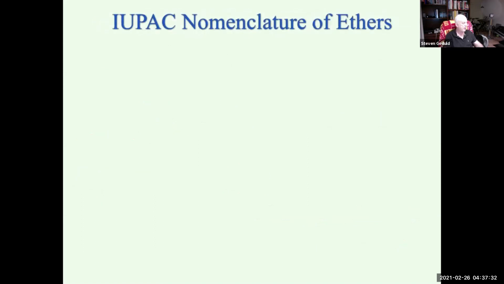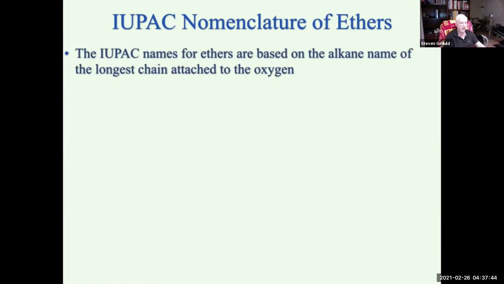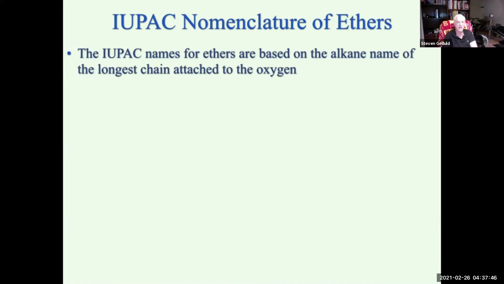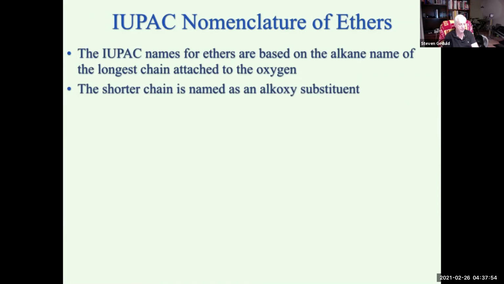Okay. IUPAC names are a little more used because there are specific rules with this one. IUPAC names are based on the alkane name of the longest chain attached to the oxygen, just like we've done before. The shorter chain is named as an oxy.